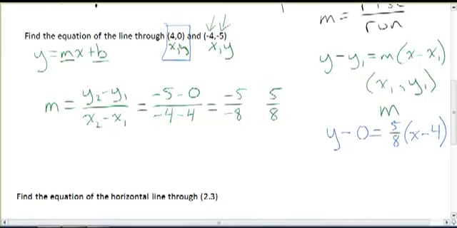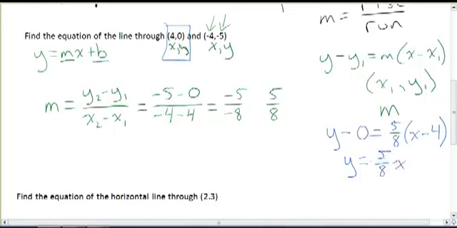Again, that 4 came from the ordered pair that I chose. Okay, so now what do we need to do? Well, we have y minus 0. That's convenient because that's just going to be y. So we have y equals, now all we have to do on the right is distribute the 5/8 and we're going to be done.